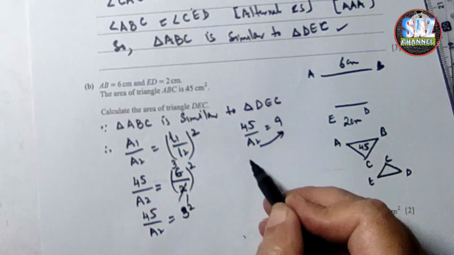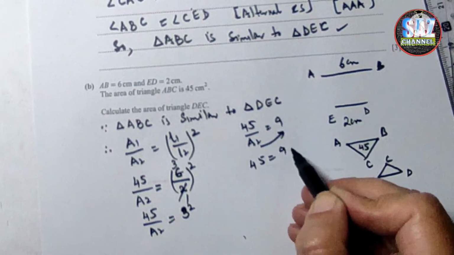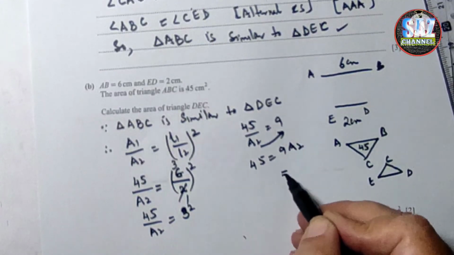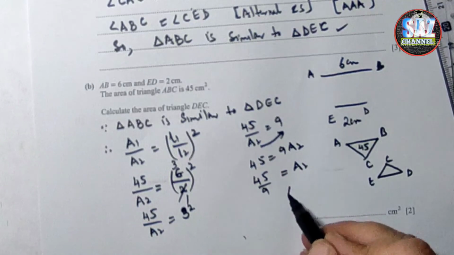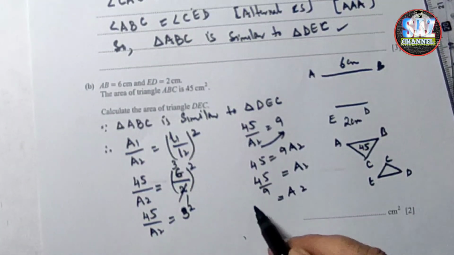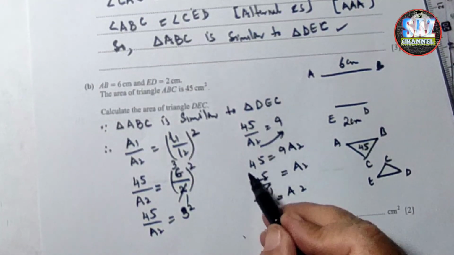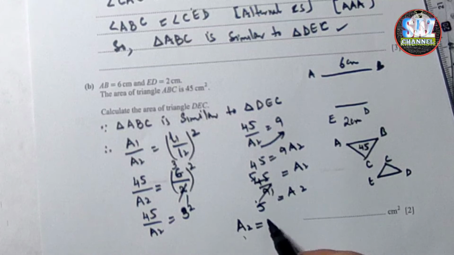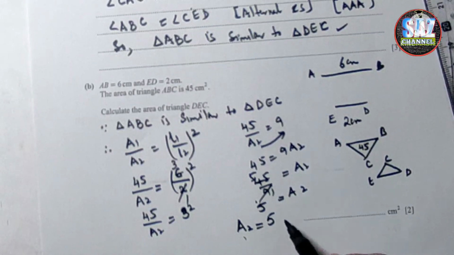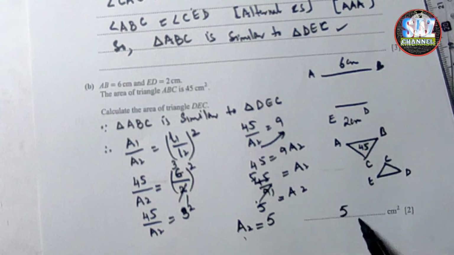Go for cross multiplication: 45 equals 9A2, so A2 is 45 by 9, which is 9 fives, 5 centimeters square. So area 2, which is the area of triangle DEC, is 5 units square. So I have to fill up the answer here, and let's move to the next question.